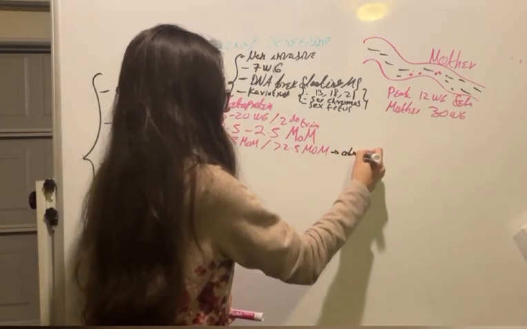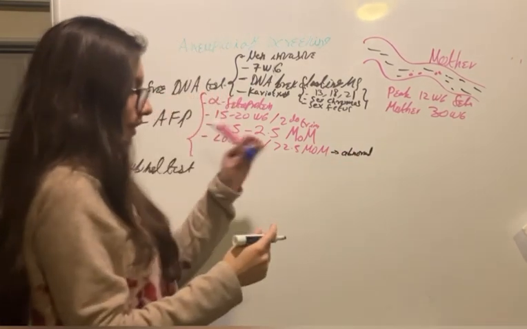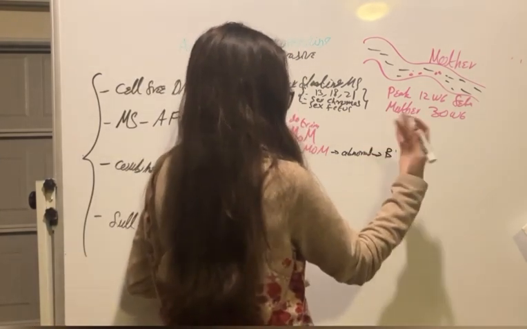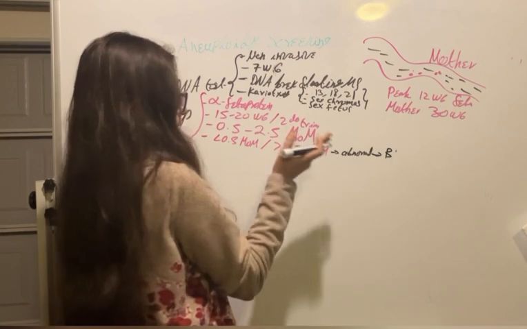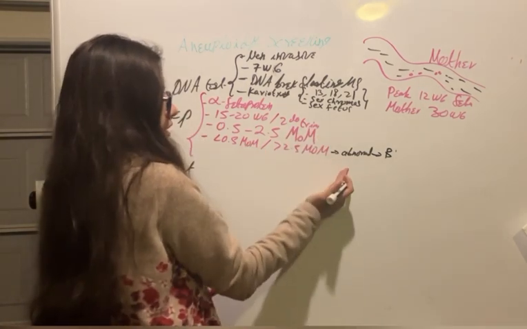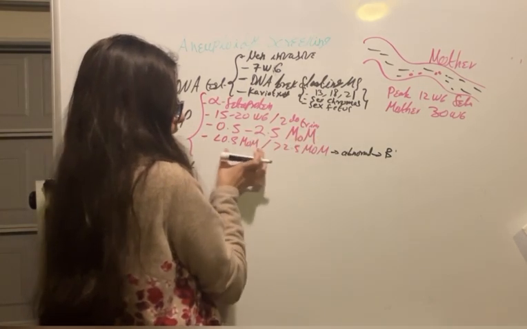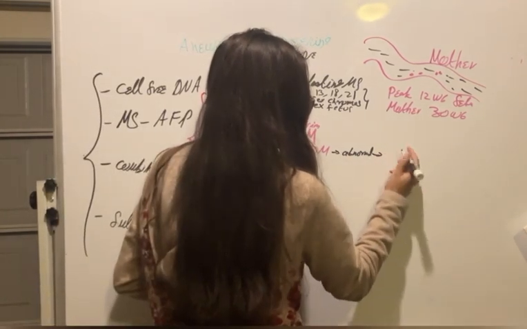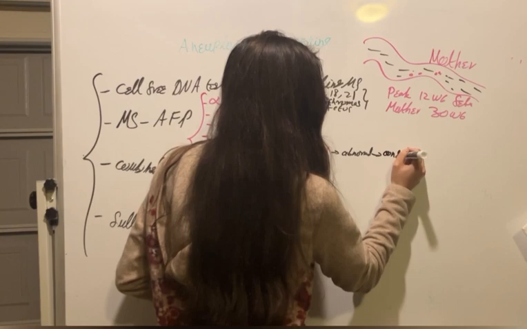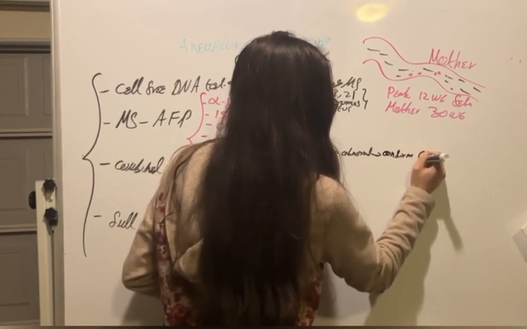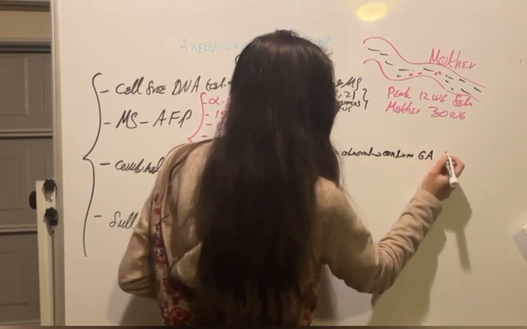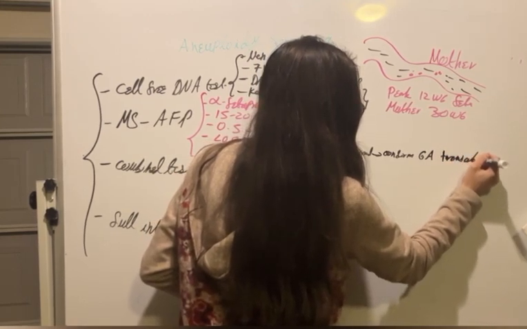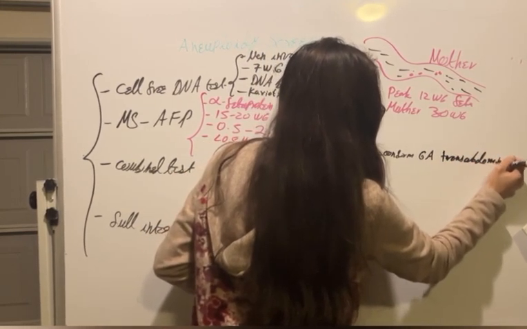This is an abnormal test, and the next best step, whether it's less or greater than the normal value, is to do an ultrasound. So we need to confirm gestational age with a transabdominal ultrasound.